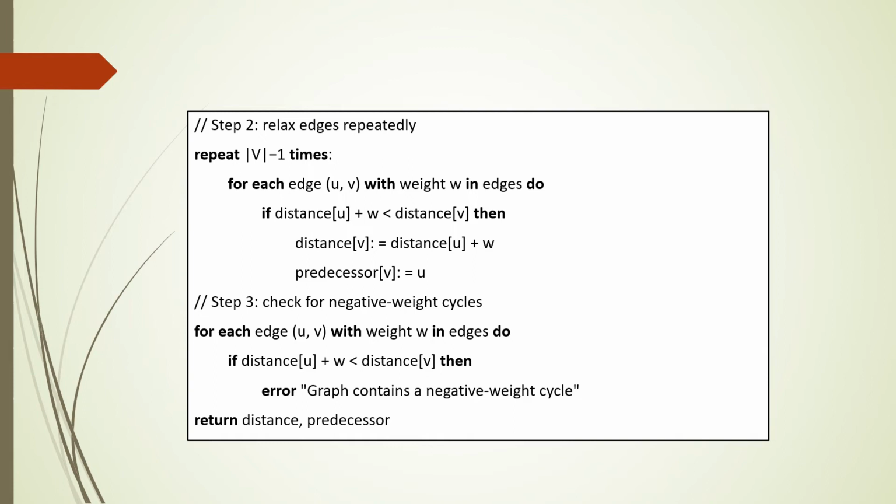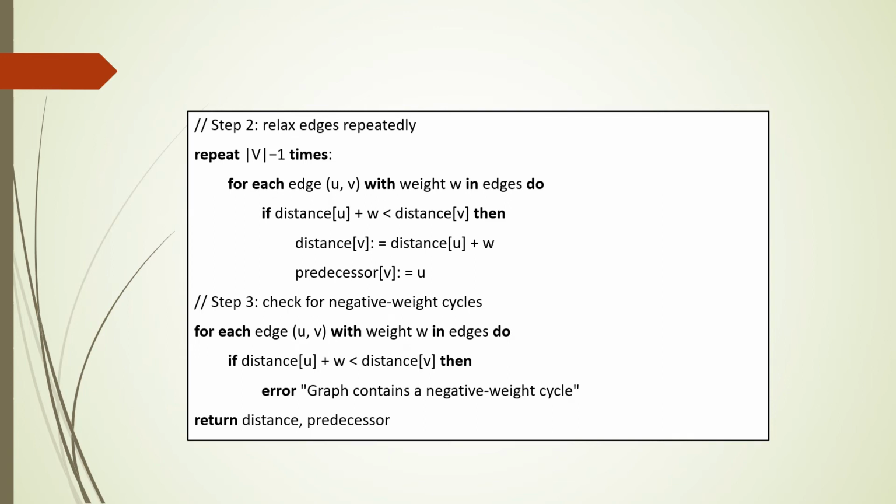So if the distance of v is greater than the distance of u plus the weight on the edge uv, then we'll update the distance of v with the distance of u plus weight of the edge uv, and we'll do this. Let's say if we have five vertices, then we'll repeat this loop for 4 times.